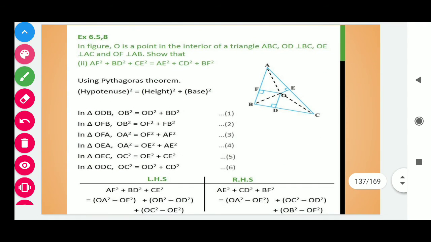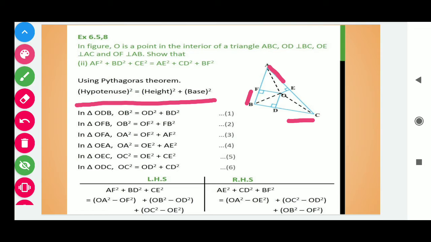Second part is of the same question. Now we need to show that AF square plus BD square plus CE square is equal to AE square plus CD square plus BF square. So let's start. Using Pythagoras theorem, square of hypotenuse is equal to square of perpendicular plus square of base. In triangle ODB, OB square is equal to OD square plus BD square.